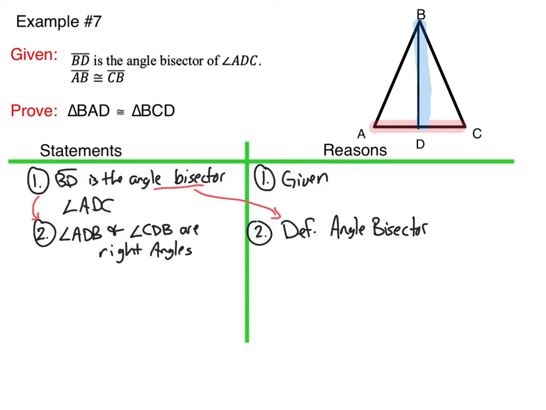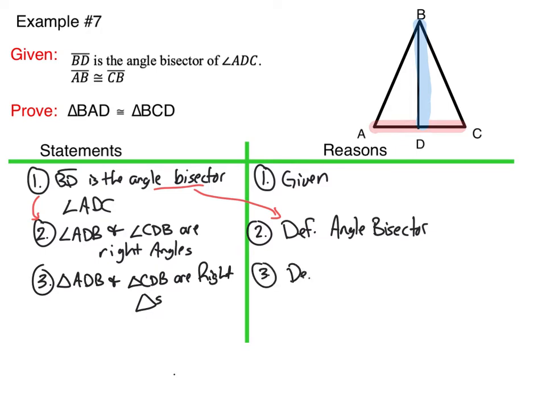Now, leading in from number 2, if I have right angles, I can now say triangle ADB and triangle CDB are right triangles, and that reason is the definition of a right triangle. A right triangle just has to have a right angle. Sorry, definition of a right triangle. That was definition of an angle bisector.